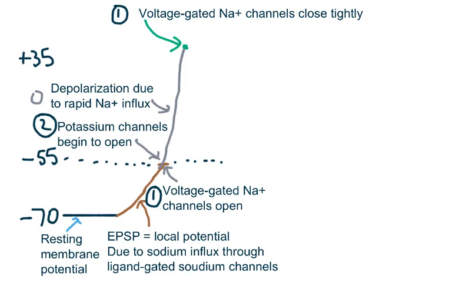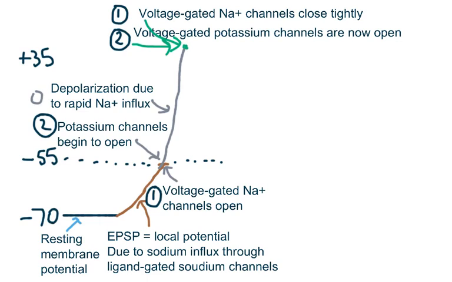The second thing that happens is that the voltage-gated potassium channels are finally open. Remember, they started open down here at the threshold potential of minus 55, but they were slow. Finally, up here at about plus 35 millivolts, those slow potassium gates are finally open.